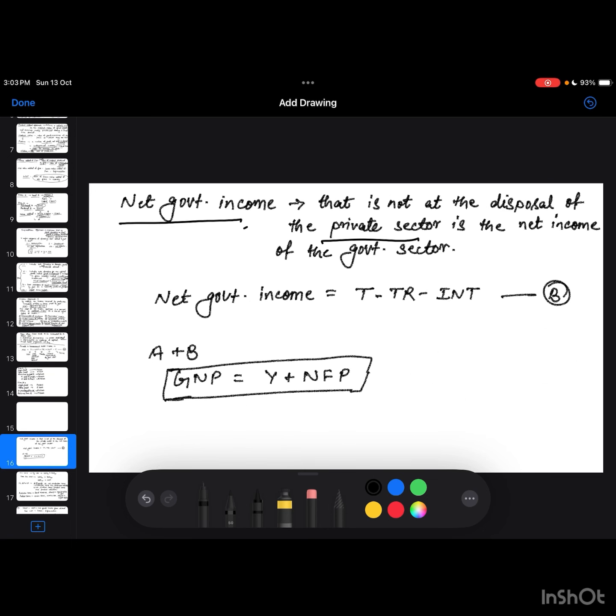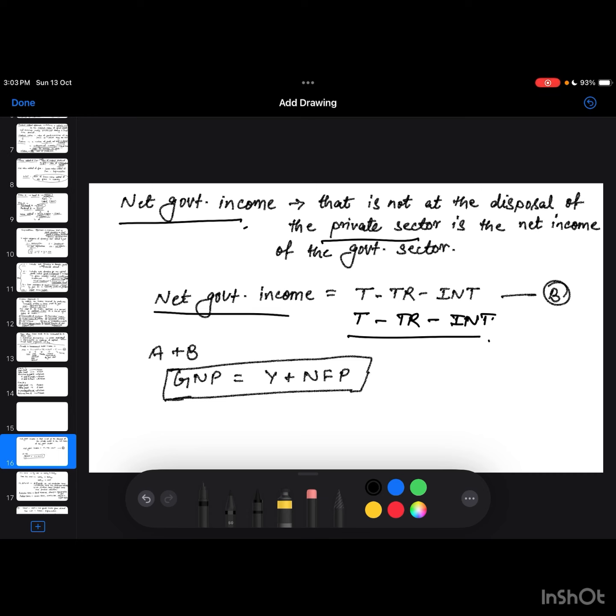Now the income that is not at the disposal of the private sector will be the net income of the government sector. Net government income will be equal to the taxes minus transfers that the government will pay to the individuals and interest paid by the government on debt.